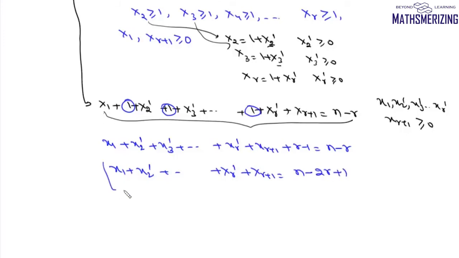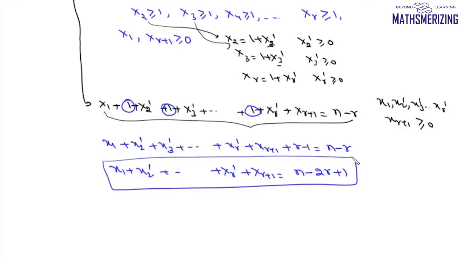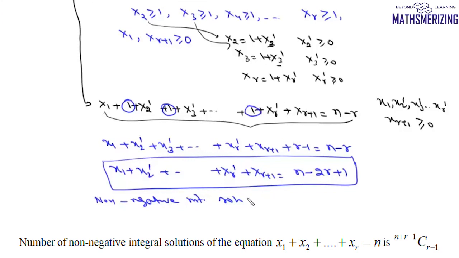So we need to find the number of non-negative integral solutions of this equation. We know that the number of non-negative integral solutions of any equation is given by n plus r minus 1 C r minus 1. N, which in this case is n minus 2r plus 1, plus r, and r in this case is r plus 1, minus 1, C r minus 1, which in this case is r plus 1 minus 1.